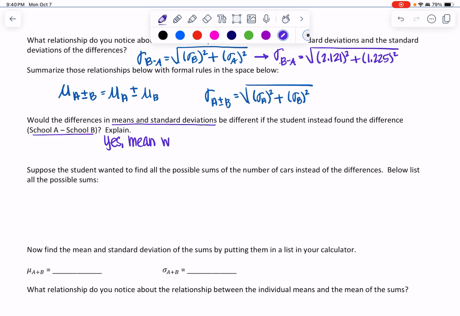Mean would be different, but the standard deviation would stay the same.